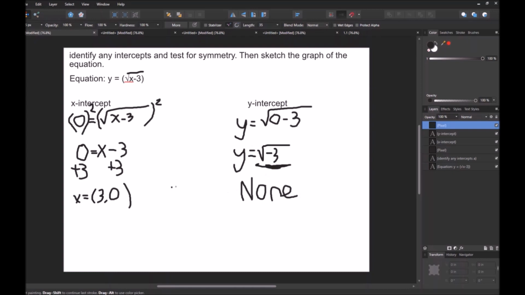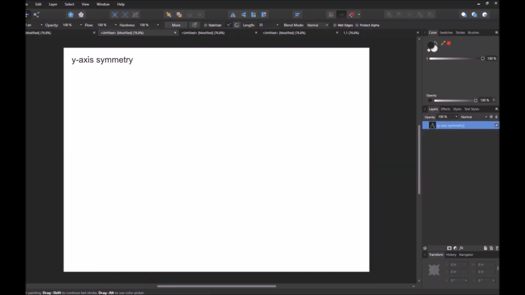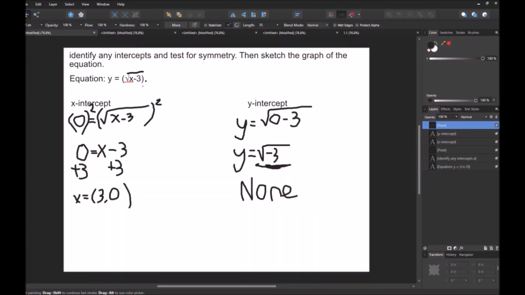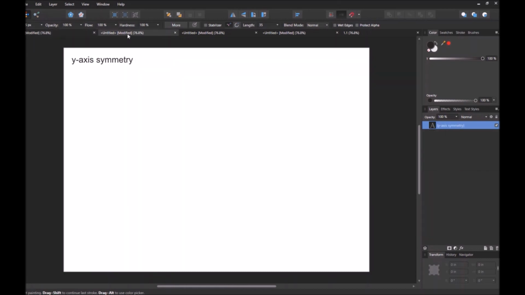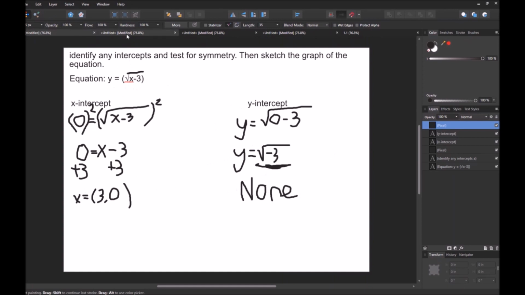So those are intercepts. Now we move on to tests for symmetry. For y-axis symmetry, we're going to replace the x in the equation with negative x and solve. So we're going to have y equals the square root of negative x minus 3. Well, if you look here, this is just blatantly not the same equation.